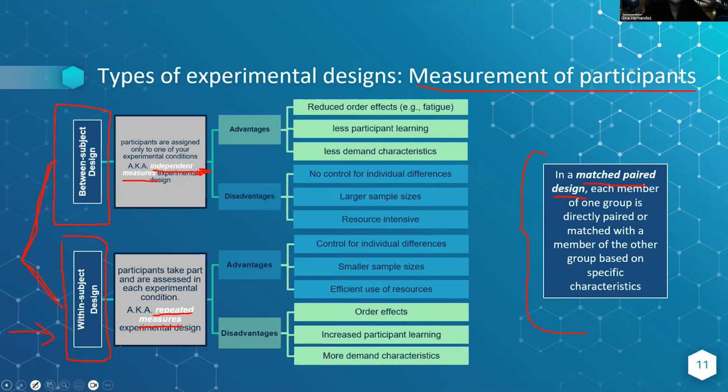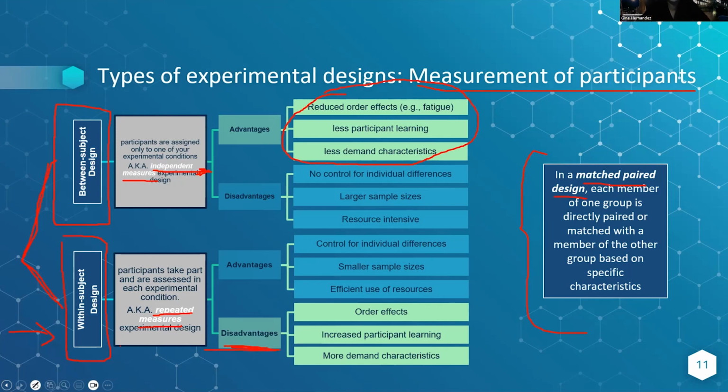As you can see here, I put some advantages and disadvantages of both. It is pretty obvious, but actually the advantages of the between subjects design, of having a comparison of two groups, are the same as the disadvantages of having a within subject design.